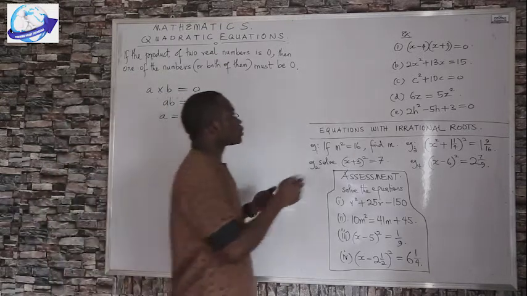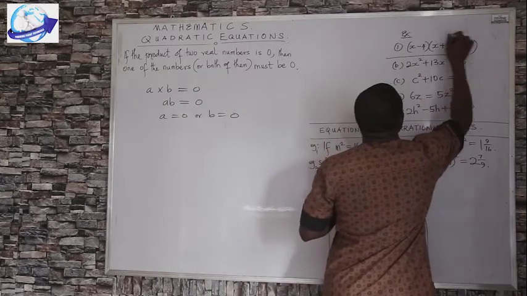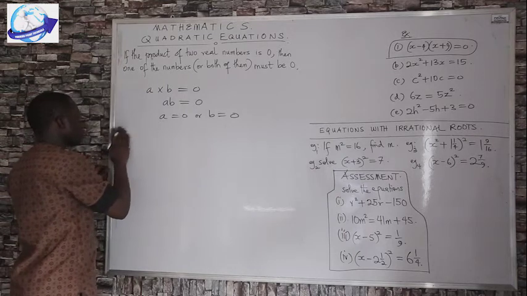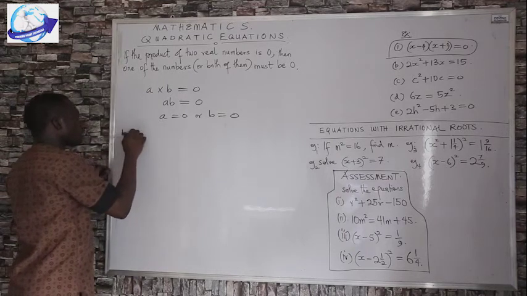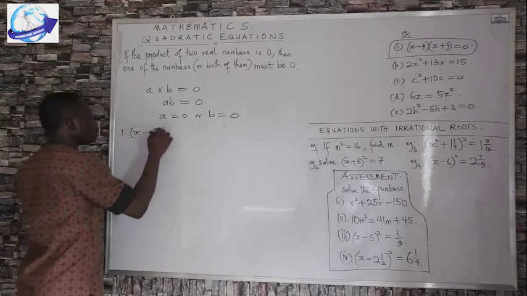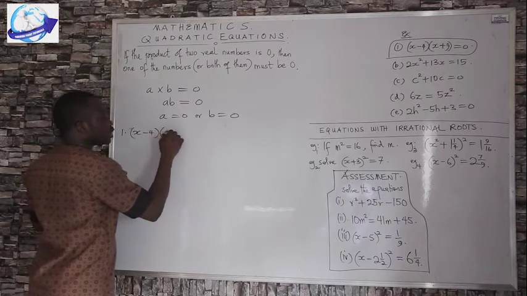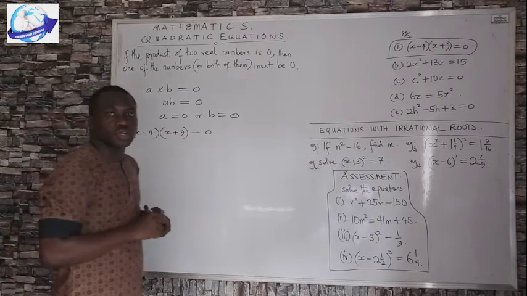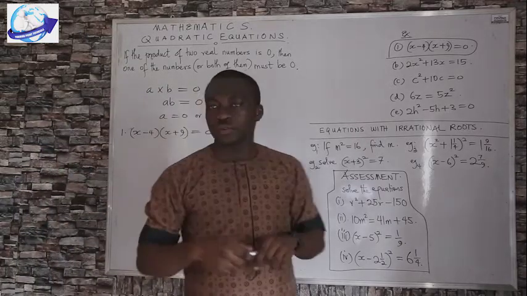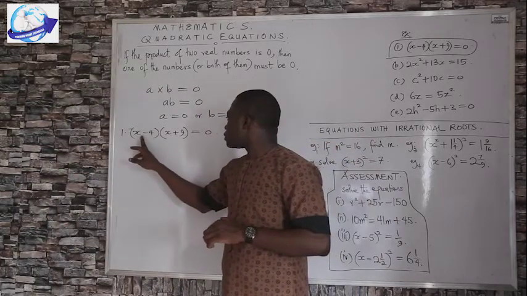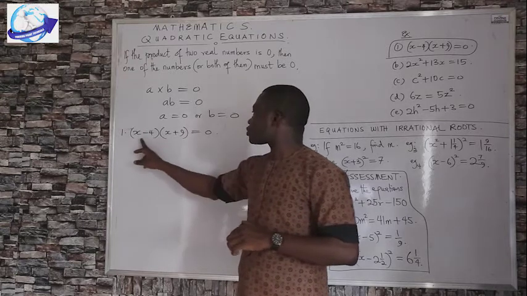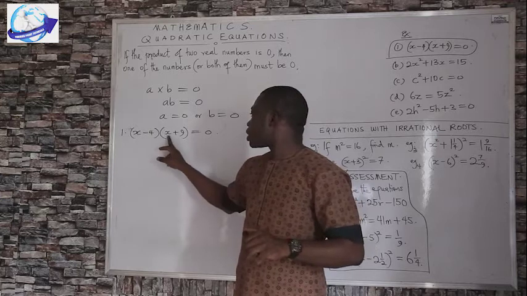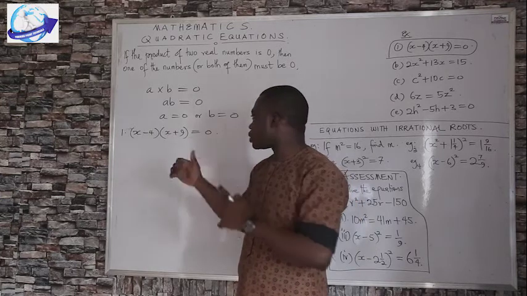Let's say practical term. Can I take this example quickly? Example 1, x minus 4 in brackets, and we have x plus 9 in brackets equals 0. Now if you look at this very well, you discover that these two expressions, x minus 4 and x plus 9, are multiplied to give you 0.